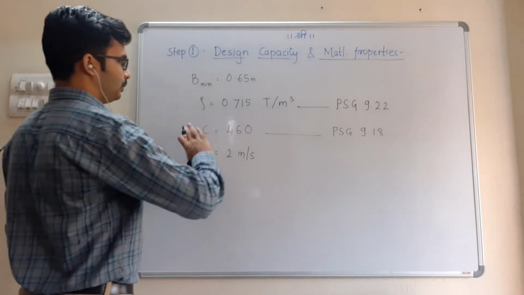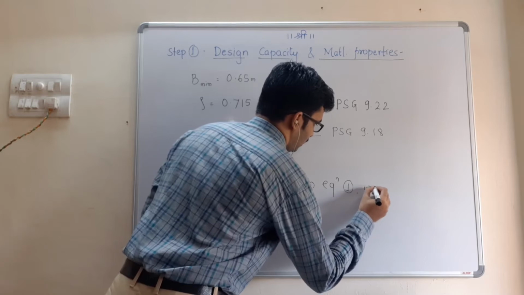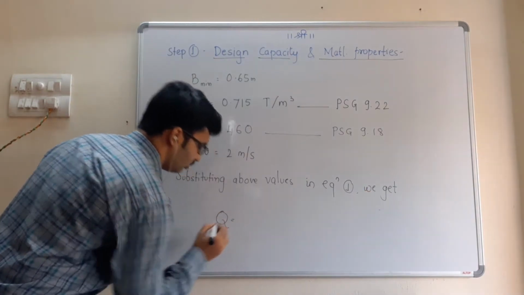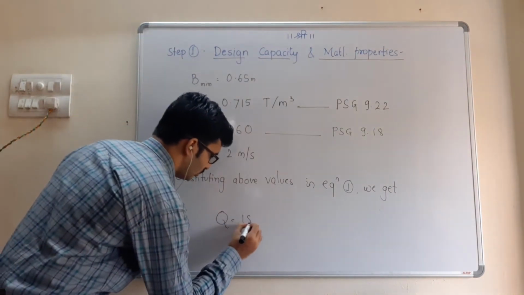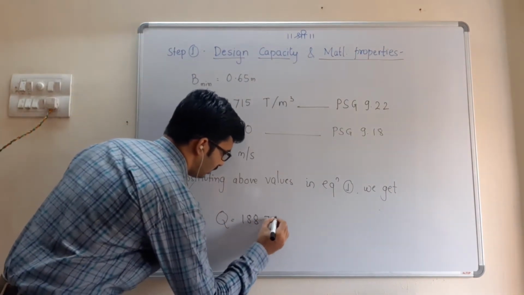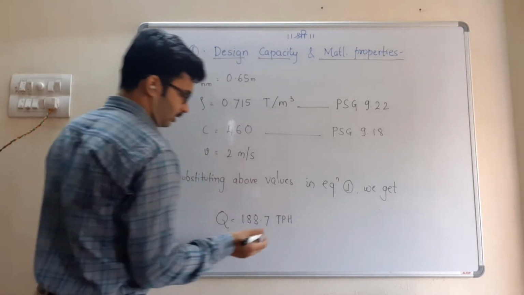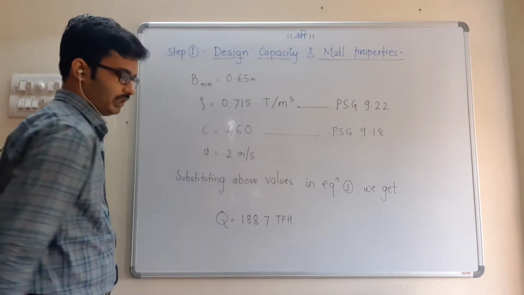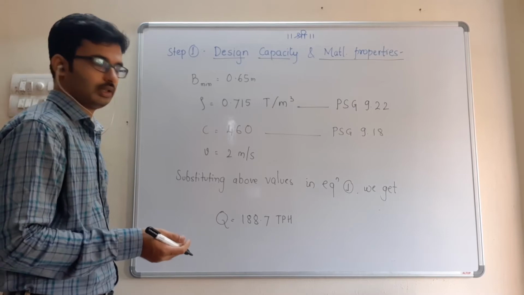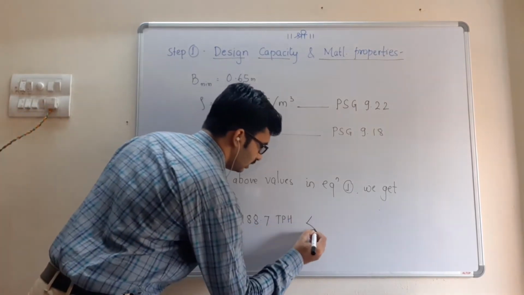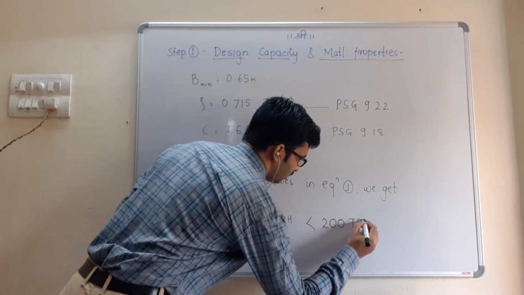Now if you substitute all these values in equation number 1, capital Q is the only unknown in that equation. So you will get Q equal to 188.7 tons per hour. But what was the design capacity given in the problem statement? It is given as 200 tons per hour. So this is less than 200 tons per hour.